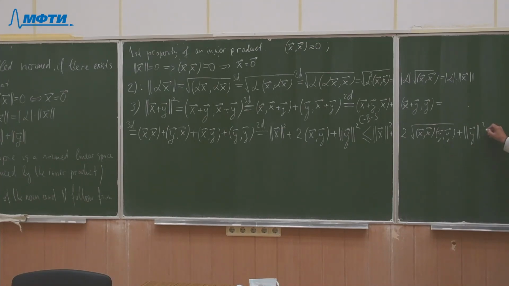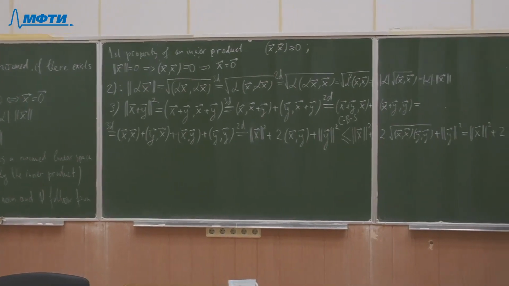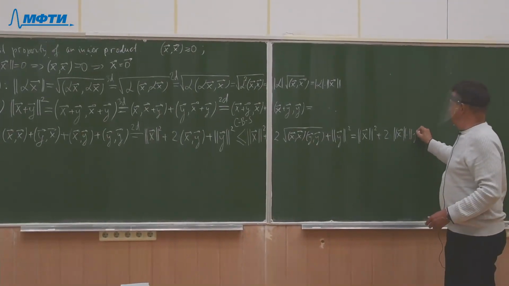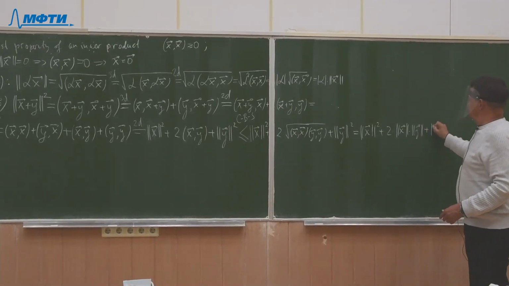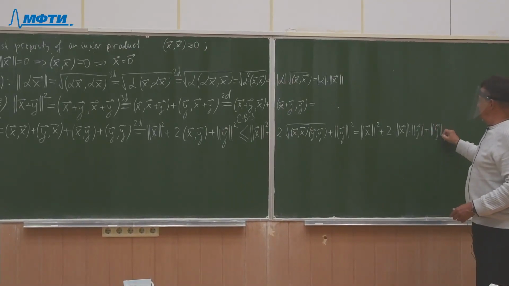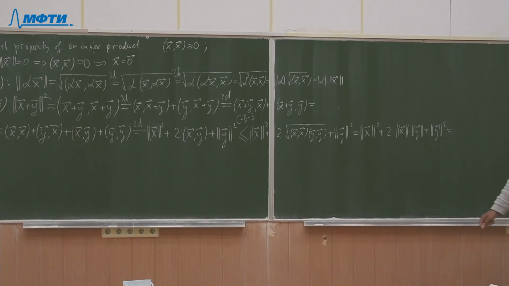So what is it? Norm x squared plus 2 times norm x times norm y plus norm y squared, and that is precisely the square of the sum, norm x plus norm y.